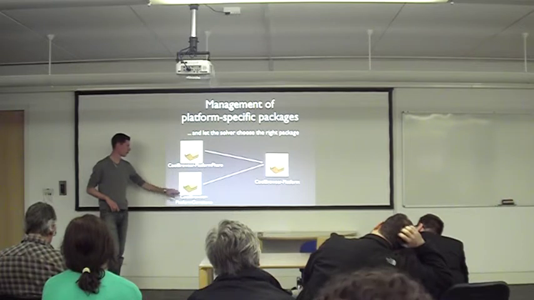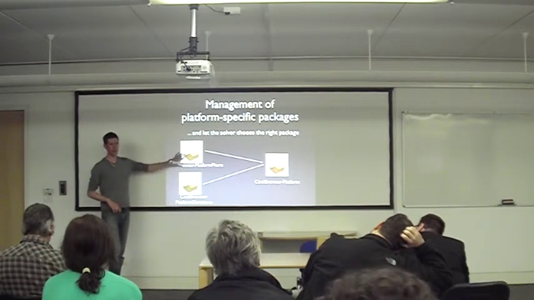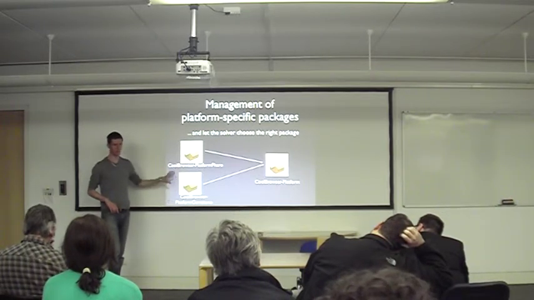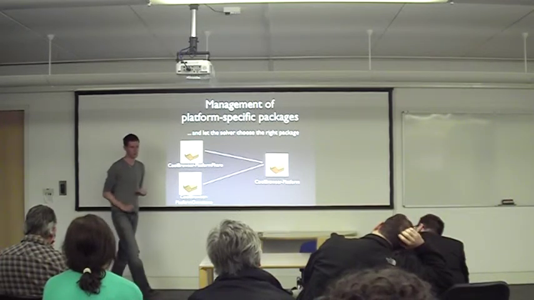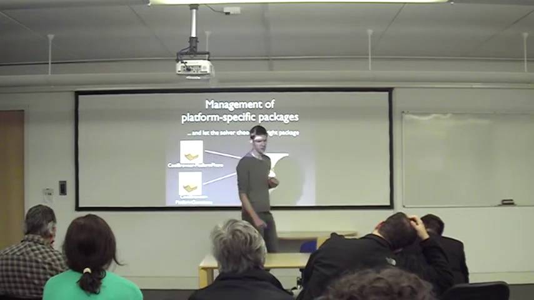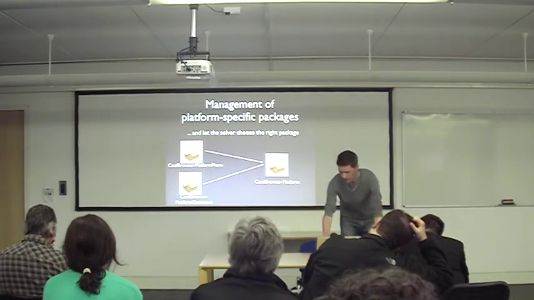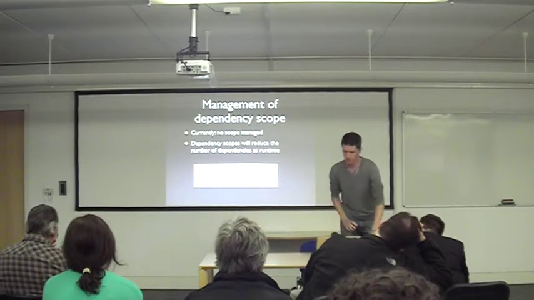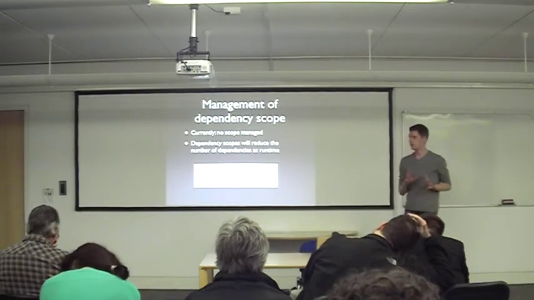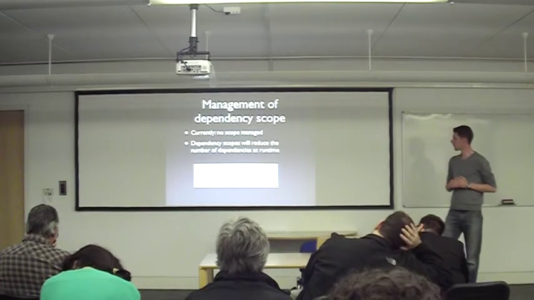I cannot select it. This one fits, so I will select this one. I don't have to hard-code this selection in the package description. So, it is one idea on that.